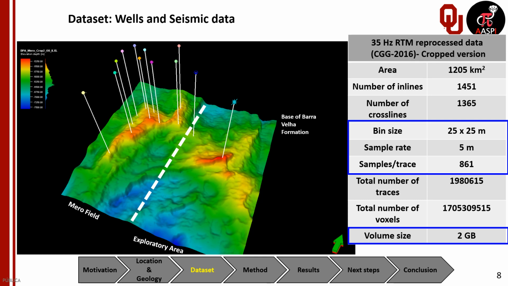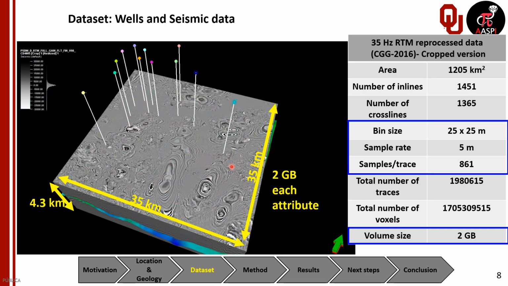Okay, and these are the wells and seismic data. This is the cropped version. As I told you, we cropped around the area of interest, the Meadow field and the Central Libra area. So this is the cropped version of the seismic input volume. Here are the dimensions around the reservoir, this east-west dimension.